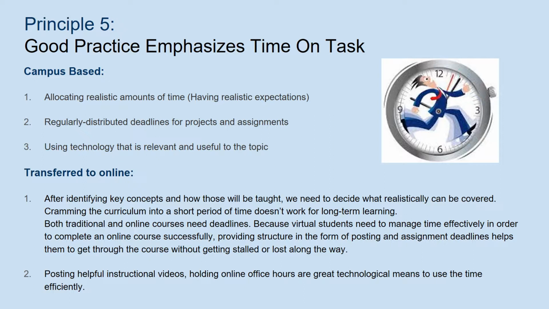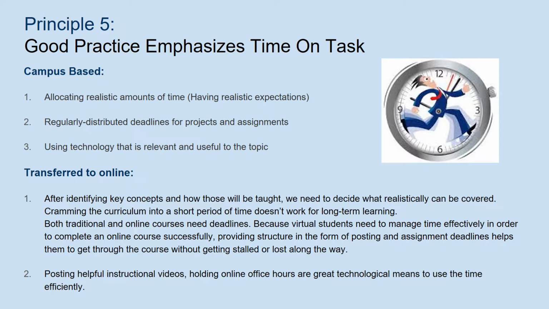Principle 5 states, good practice emphasizes time on task. In a campus-based classroom, this means allocating realistic amounts of time, having realistic expectations, regularly distributing deadlines for projects and assignments, and finally using technology that is relevant and useful to the topic.